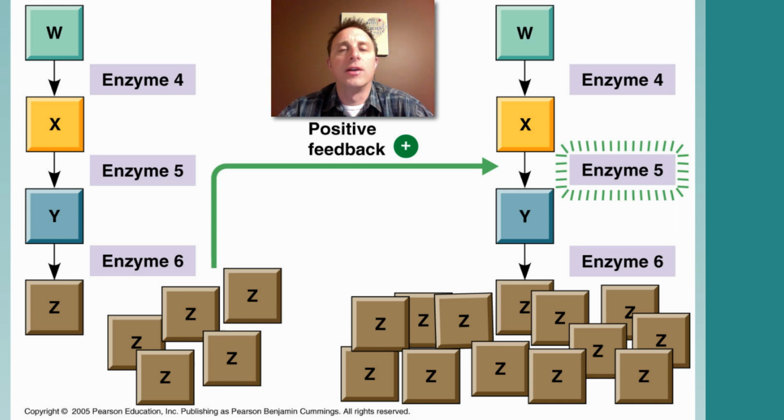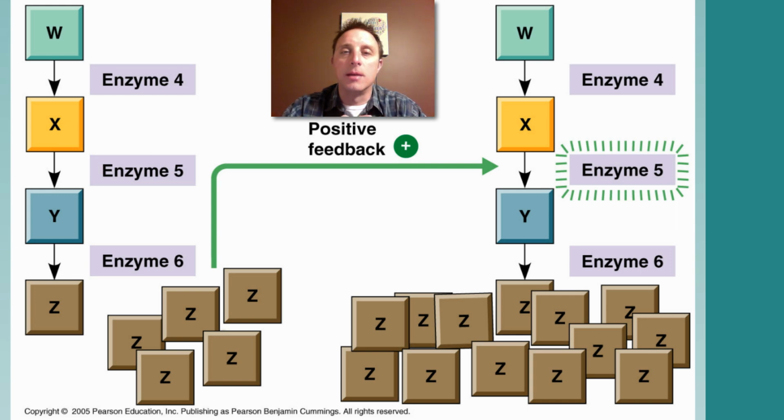In this case, it is activating enzyme 5. And that leads to more product Z being made, which would then in turn lead to more activation of enzyme 5 and then more product Z being made. So more and more and more of the final product would be accumulating. So this positive feedback in terms of homeostasis, this tends to move living things away from a set point.